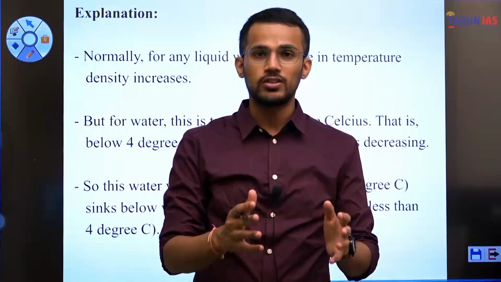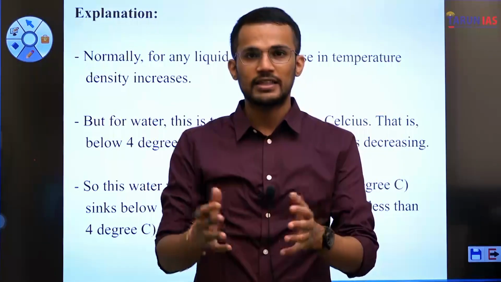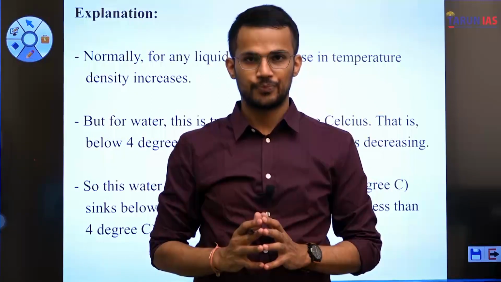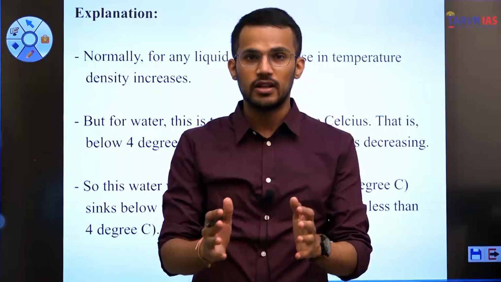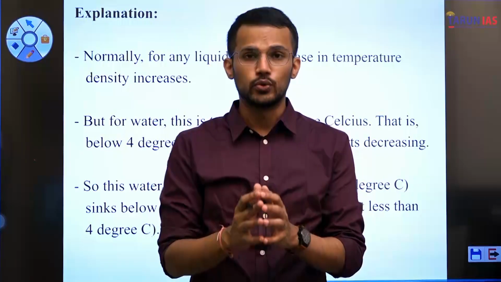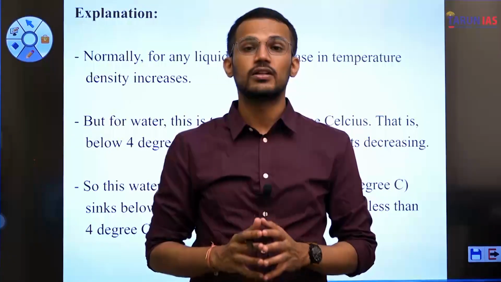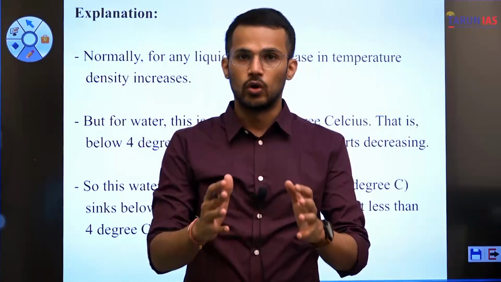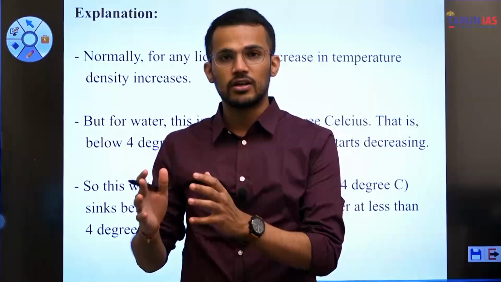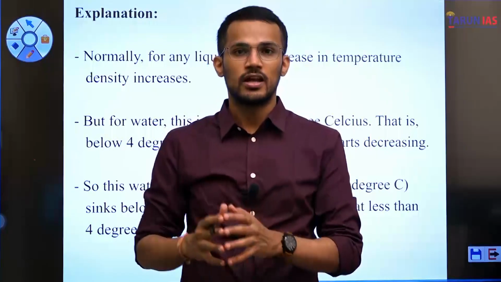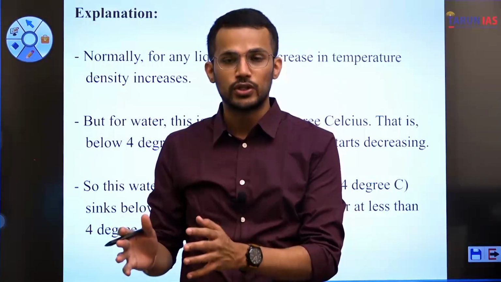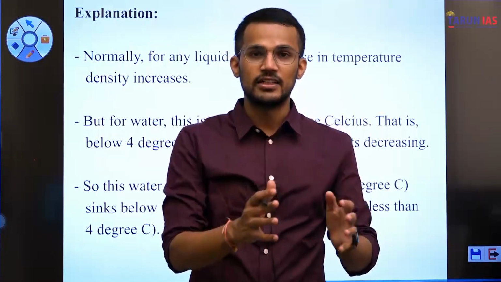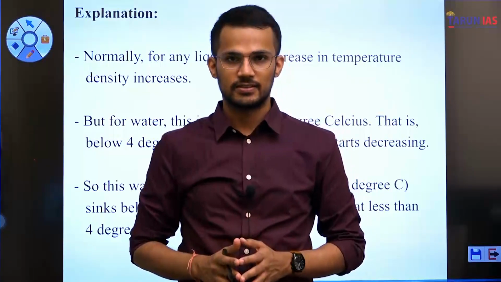And this happens because the volume of any liquid, in this case water, goes on reducing and the mass is constant, right? So when mass is constant and when volume is getting reduced, we can say that density will go on increasing, because density is equal to mass upon volume. And as the denominator is reducing and the numerator is constant, we can say that density will be increasing in this case, right?